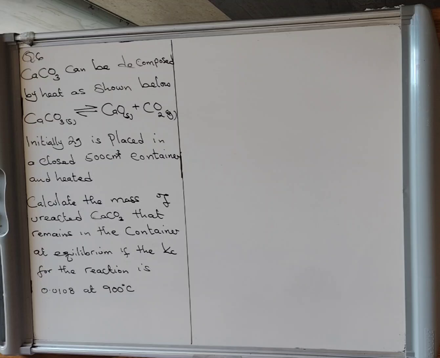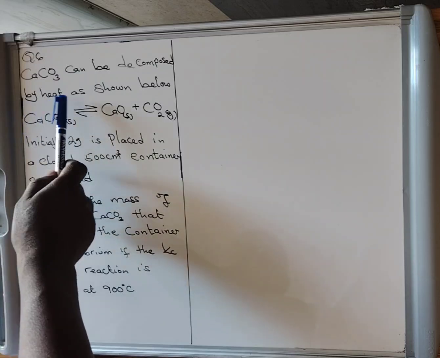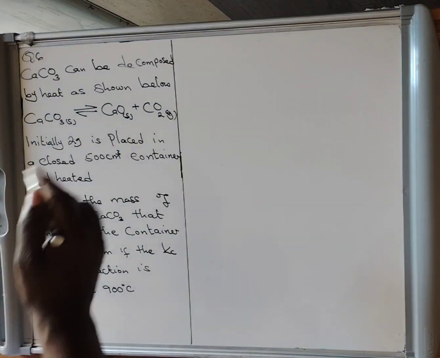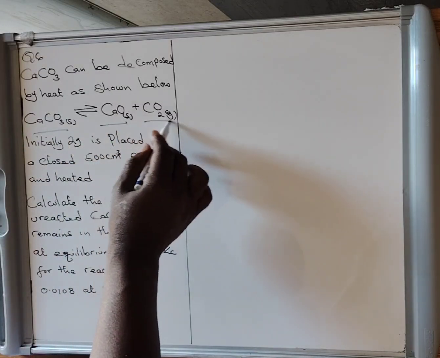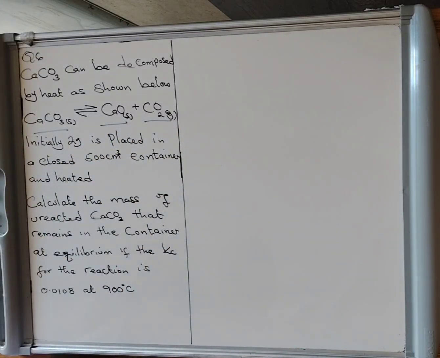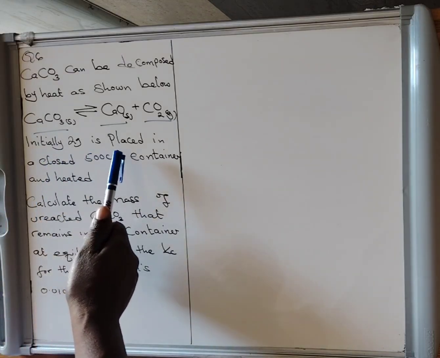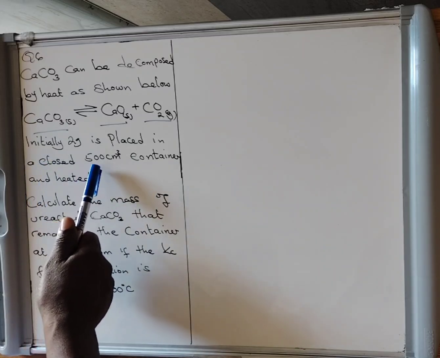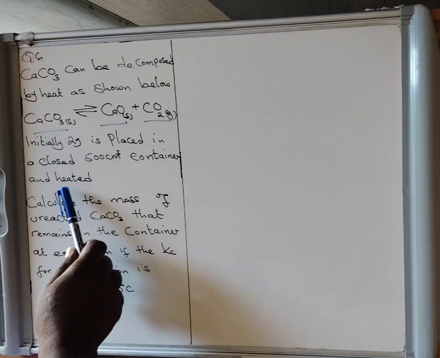So let us look at this question. The question says that calcium carbonate can be decomposed by heat, as shown below. This is the reaction where we're having calcium carbonate decomposing to give you calcium oxide and carbon dioxide. And they say initially 2 grams of calcium carbonate is placed in a closed 500 cubic centimeter container and heated.